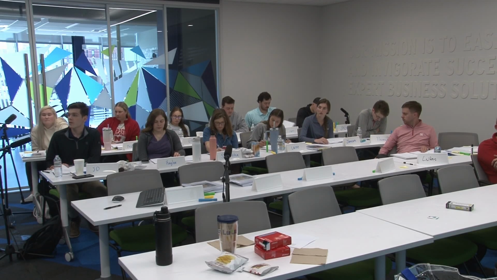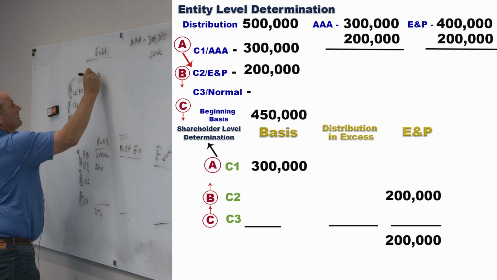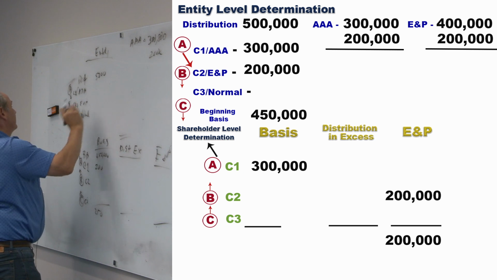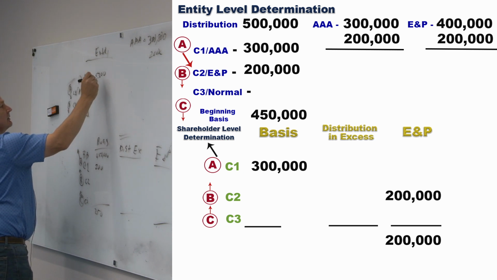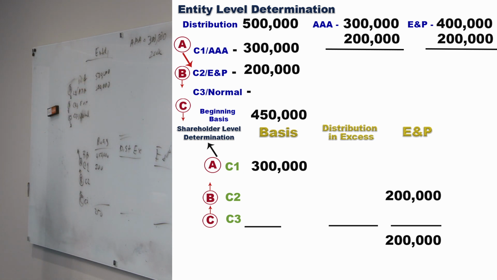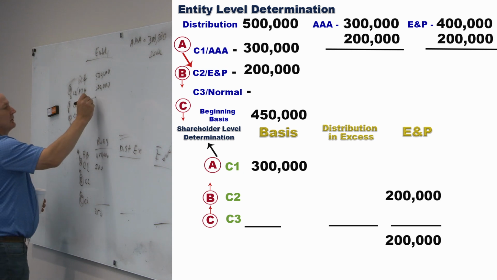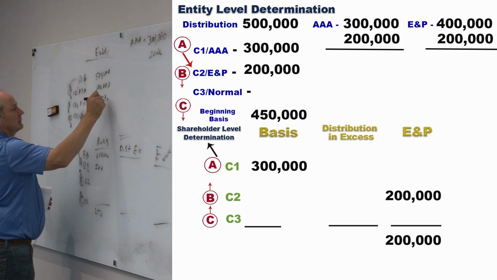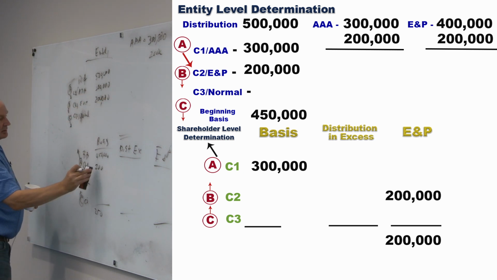The next one we have how much? 500. We have AAA at 300, so I have 300K. And then how much do I have to account for after that? 200. So I come down here.